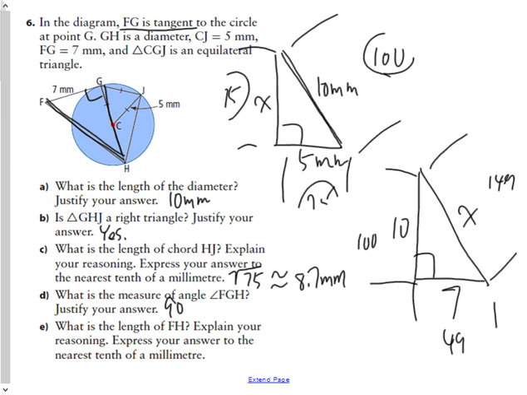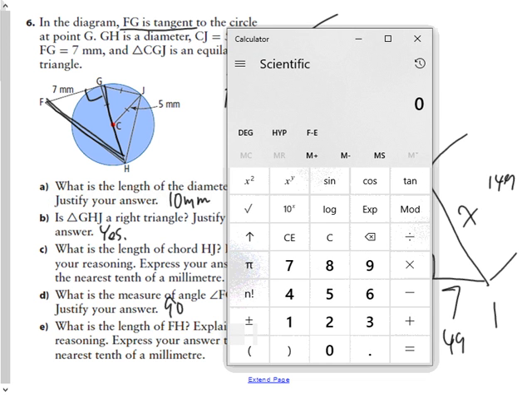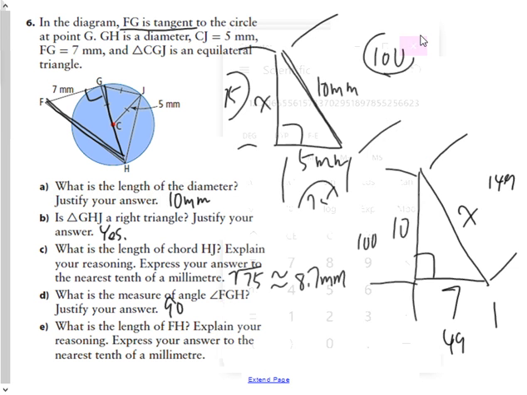This will be 149 because it's the area of the two squares attached to the legs. The square root of 149 should be just a little bit more than 12. Maybe 12.2. Yes, 12.2. So therefore, the length of chord FH is roughly 12.2 millimeters.